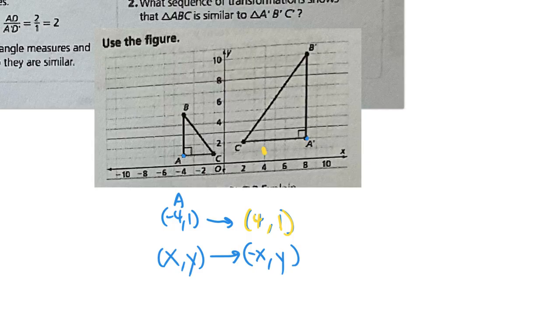It became this point, right? But then somehow this yellow point became this A prime. And I'm going to say that what happened was it went from an x coordinate of 4 to an x coordinate of 8. And it went from a y coordinate of 1 up to a y coordinate of 2.